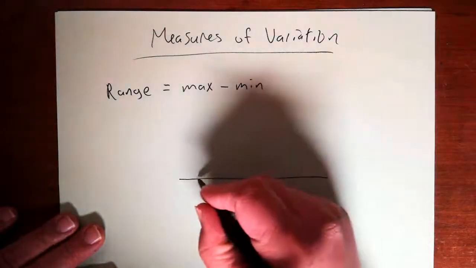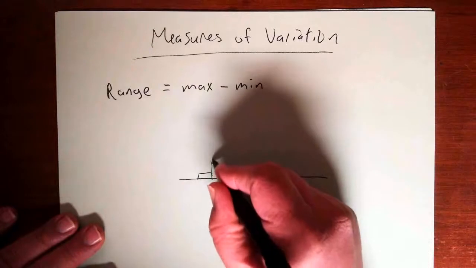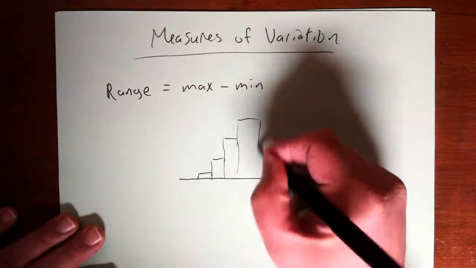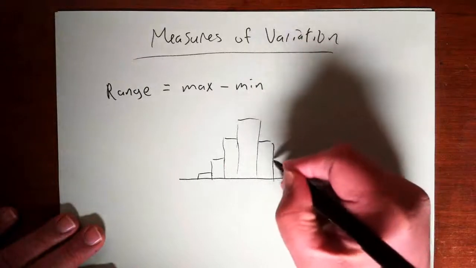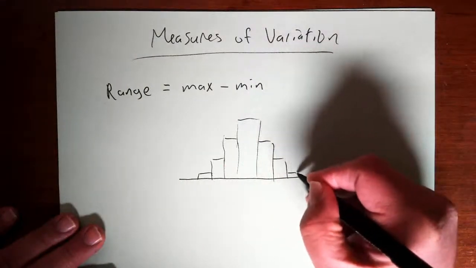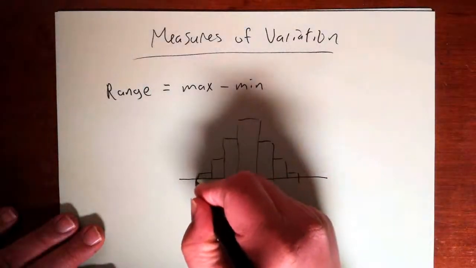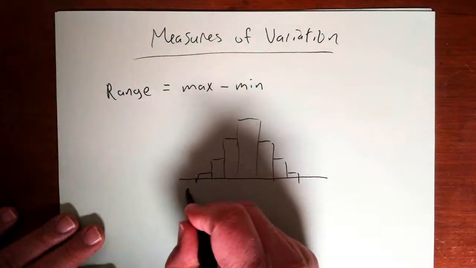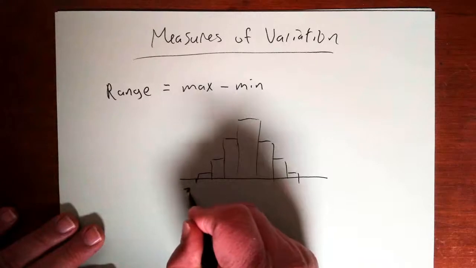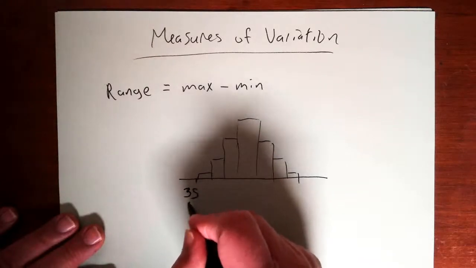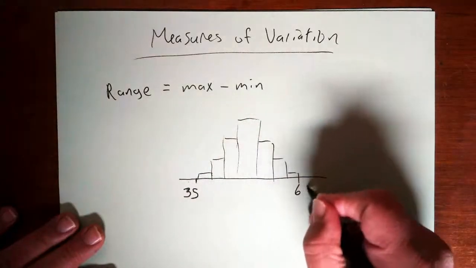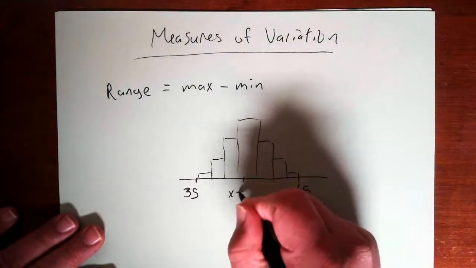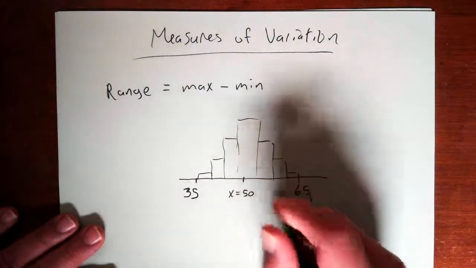Okay, so let's say I have a data set. Maybe it looks like this. And we can say that this minimum value, let's just say this is like 35, and this maximum value here is 65. And here in the center, we have a mean that's equal to 50.